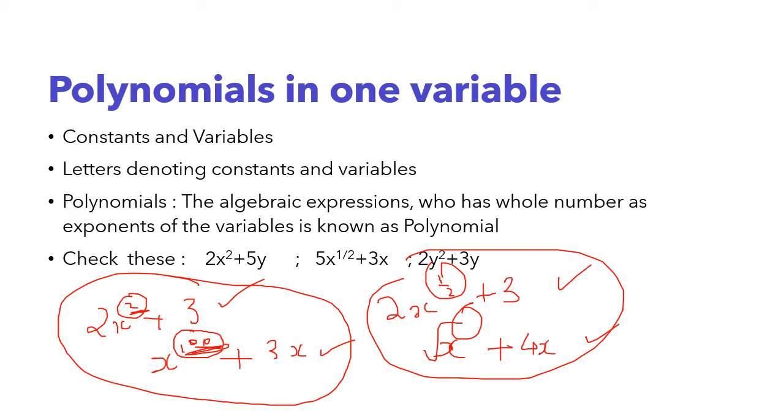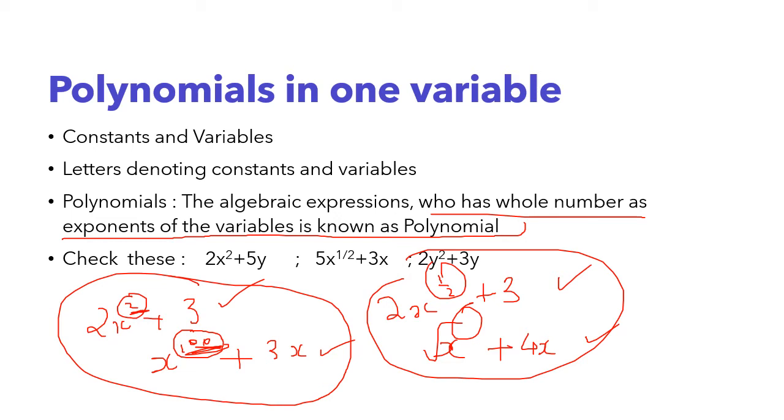It shouldn't be a fraction, it shouldn't be a decimal, it shouldn't be a complex number or something. It should be literally a whole number, nothing less or nothing more. So, what is a polynomial? An algebraic expression which has whole numbers as the exponents of its variables is known as a polynomial.